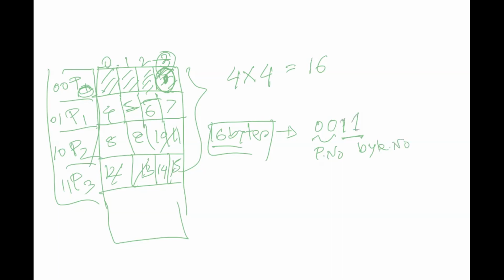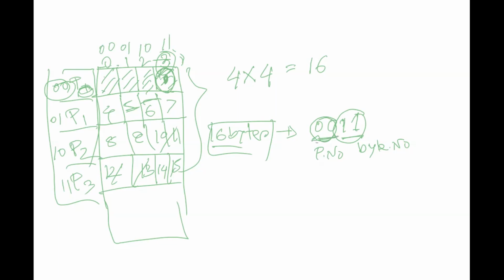So how does it work? If the CPU wants to execute process 0, the first 2 bits, 00, mean process 0, and then the last 2 bits mean the byte number. Each process contains a total of 4 bytes, so 4 bytes require another 2 bits: 00, 01, 10, 11.